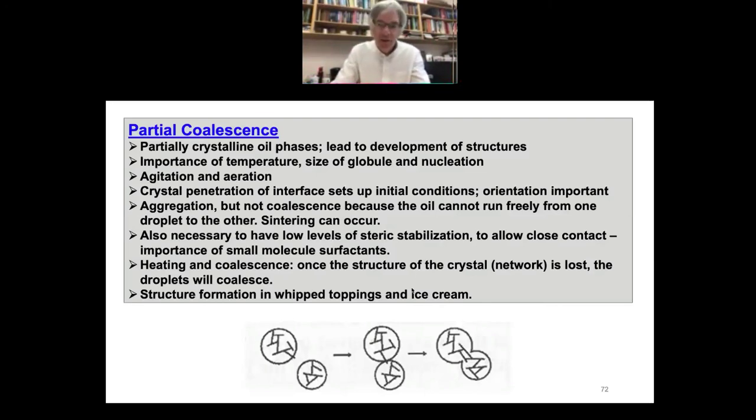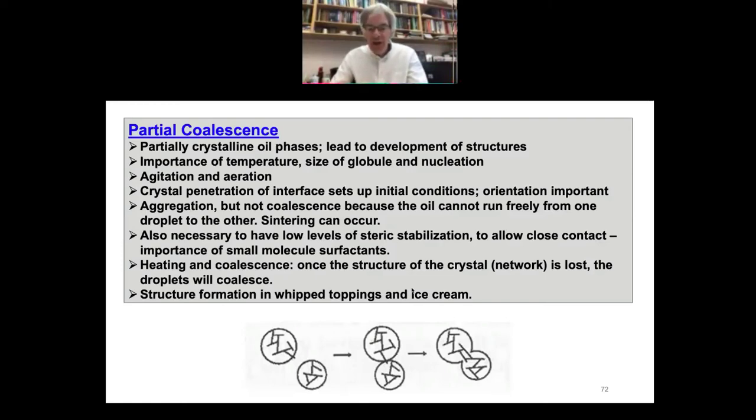So an emulsion, for example, with milk fat that we have cooled down, or a saturated fat like coconut oil or palm kernel oil that we've cooled down and held sufficiently long that the droplets of fat have induced nucleation and crystallization within them and have a crystalline network in the droplet.